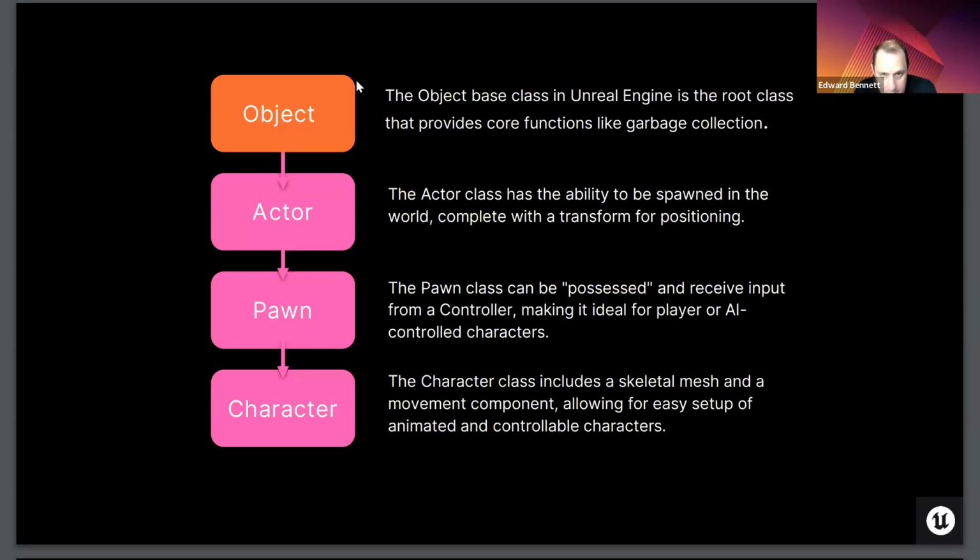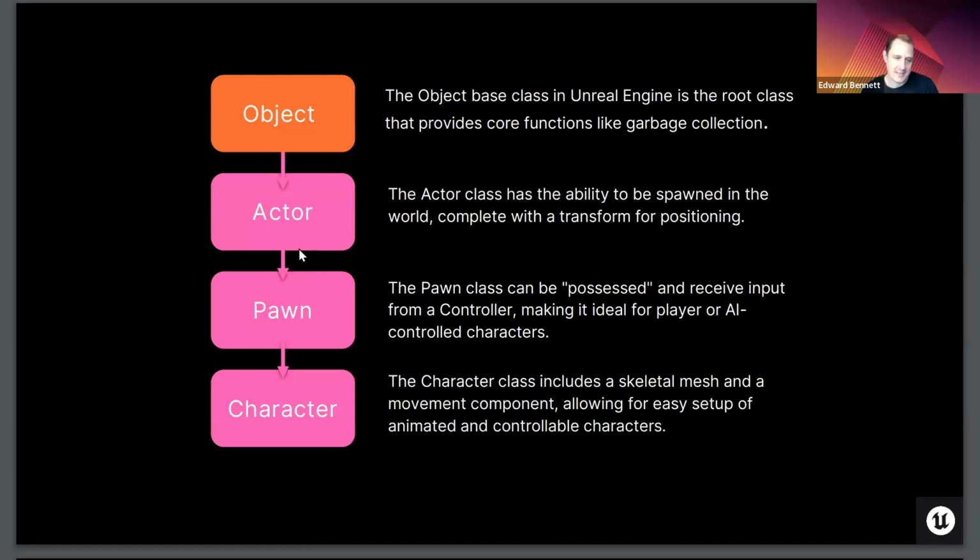It's stuff like garbage collection, which is about how the memory is cleared up when you've stopped using something, how unused memory is reallocated. So this is our top class, and anything that you work with inside of the engine will be a child of the object class.